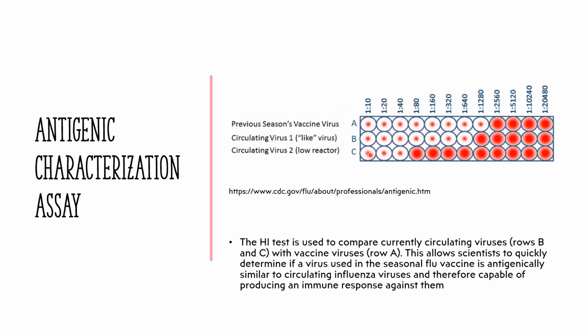However, circulating virus 2 differs by five dilutions, a 32-fold difference, and therefore is not like the previous season's vaccine virus. Circulating viruses that are antigenically dissimilar, that is, not like the vaccine virus, are considered low reactors.